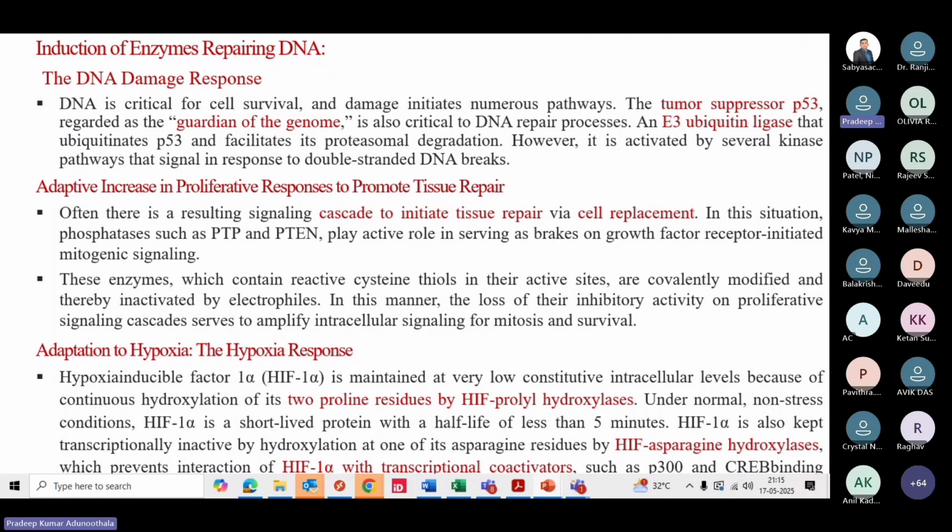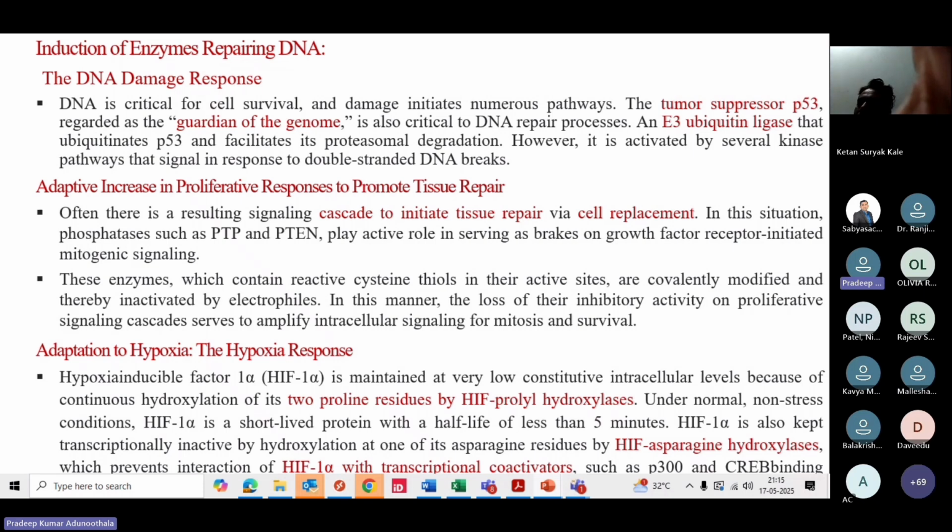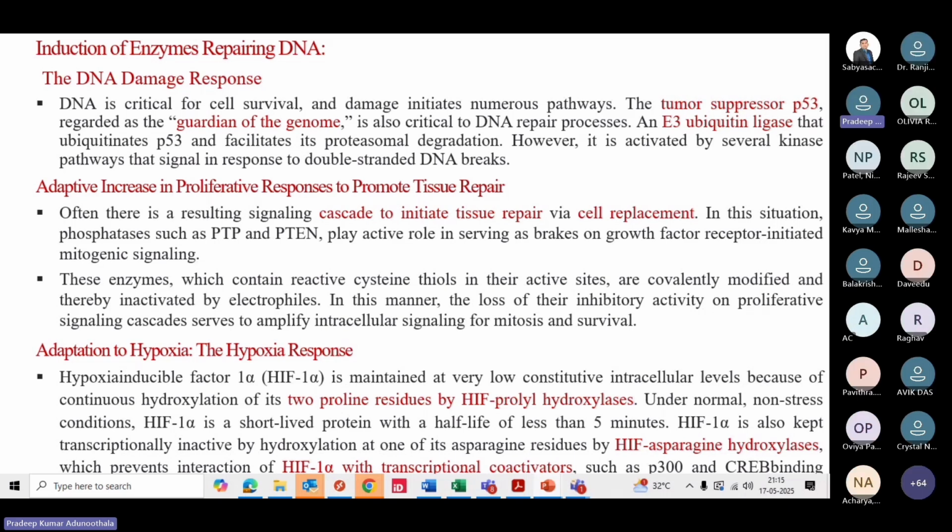And coming to the next process, adaptive increase in proliferative responses to promote tissue repair. Often there will be a resulting signaling cascade to initiate tissue repair via cell replacement. In that situation, phosphatases such as PTP and PTEN play an active role, serving as brakes on growth factor receptor initiated mitogenic signaling.